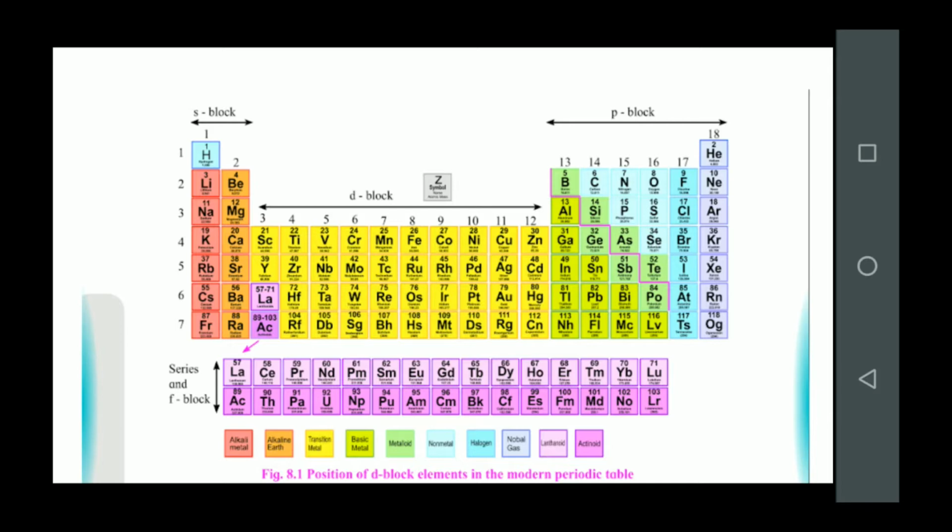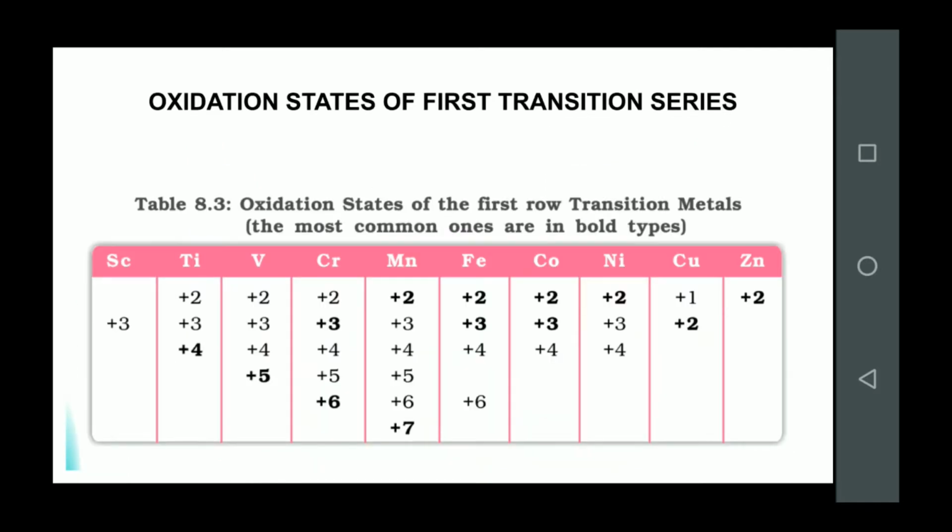Today students we are going to study about an important feature of the transition elements, which is variable oxidation states. You'll find that we'll discuss only the 3D series in detail, but in general when you analyze the oxidation states of transition elements, you will find that most of the transition elements show more than one type of oxidation state.